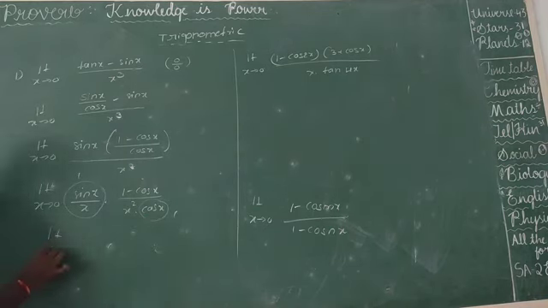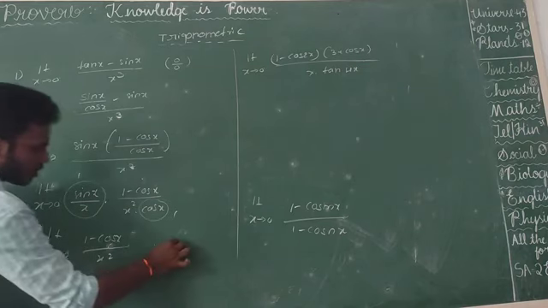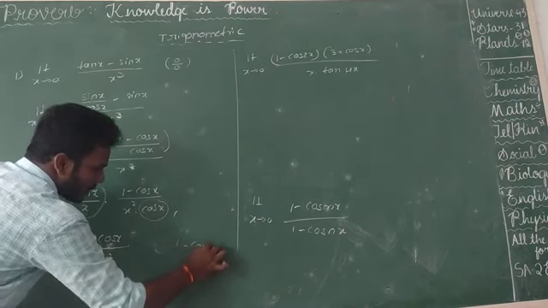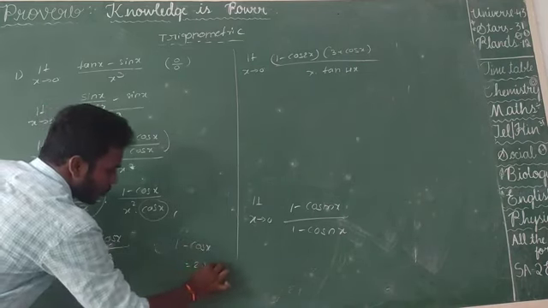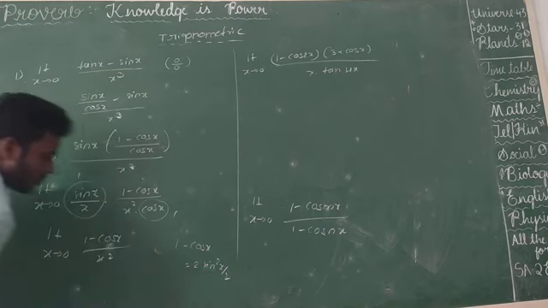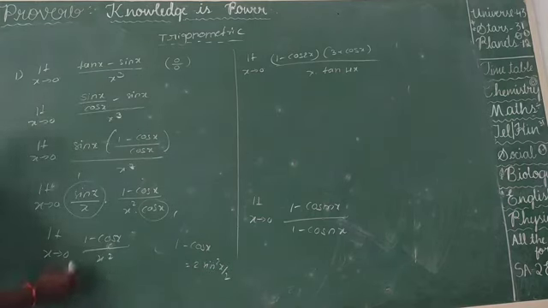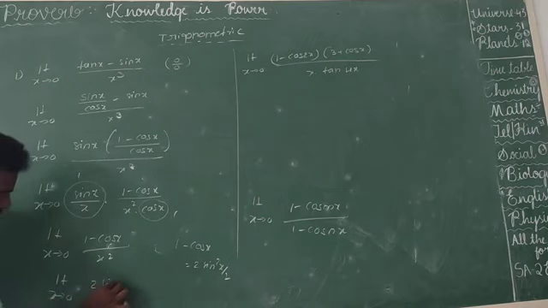So remaining is limit x tends to 0 of 1 minus cos x by x square. In trigonometry we know that 1 minus cos x can be converted into 2 sin square x by 2. So I can rewrite this as limit x tends to 0 of 2 sin square x by 2 over x square.